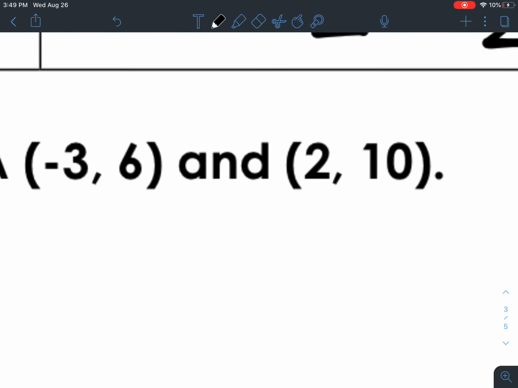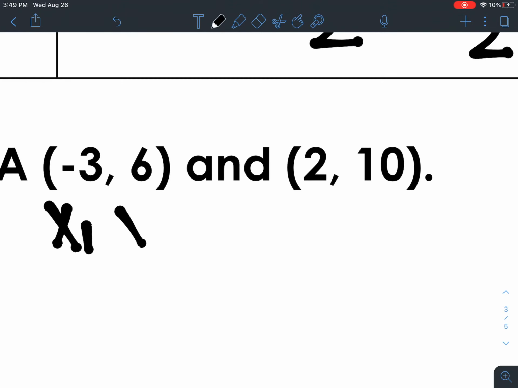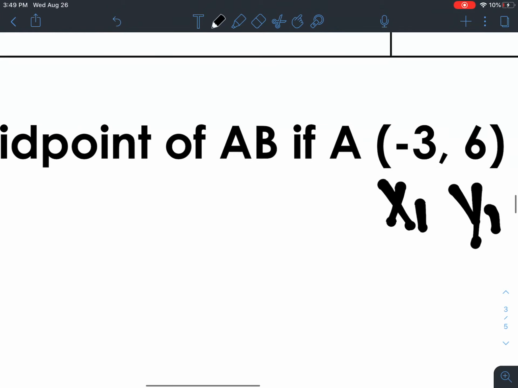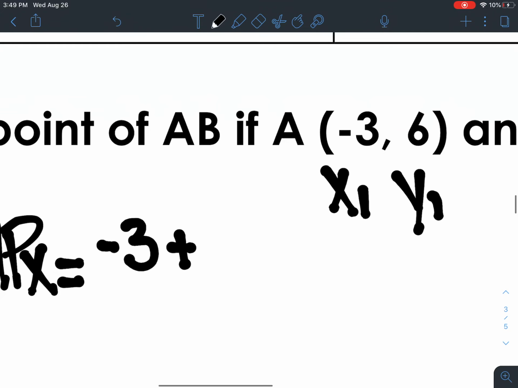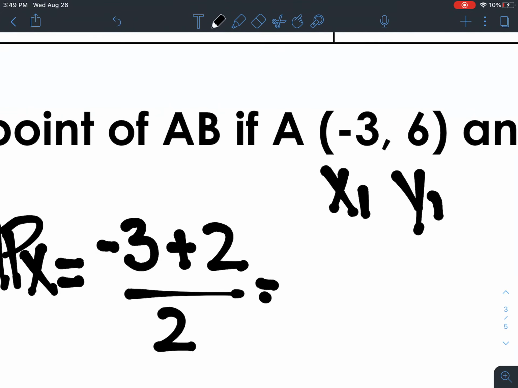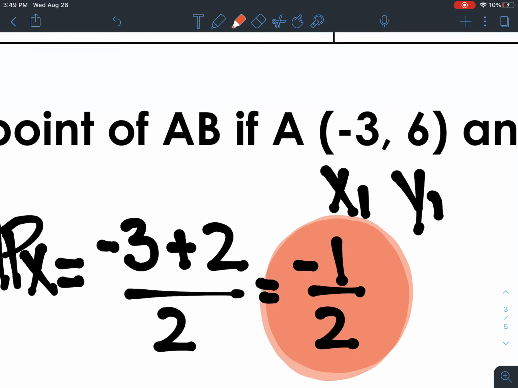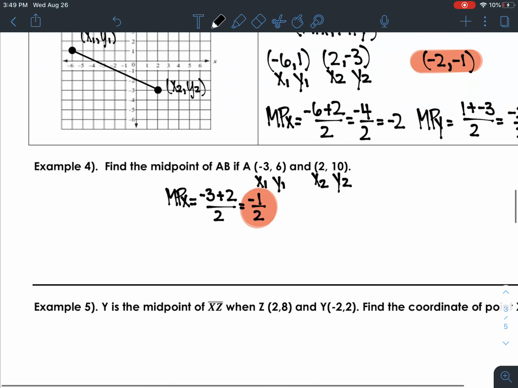Okay, so for example 4, let's go through x1, y1, x2, y2. We have MPX is going to be equal to my x1, which is negative 3, plus my x2, which is 2, over 2. Negative 1 divided by 2, and we're going to just keep that as negative 1/2.